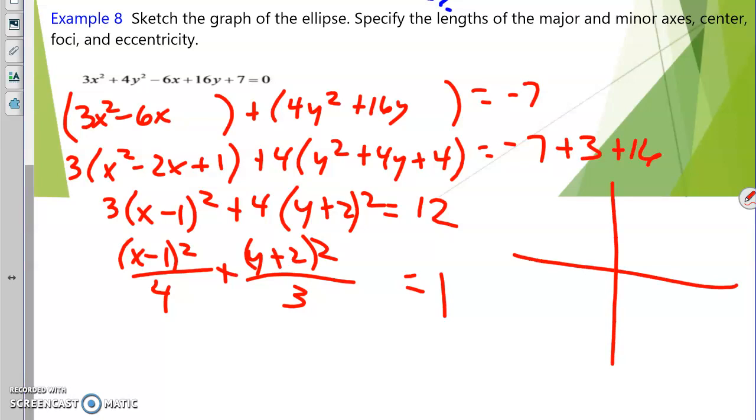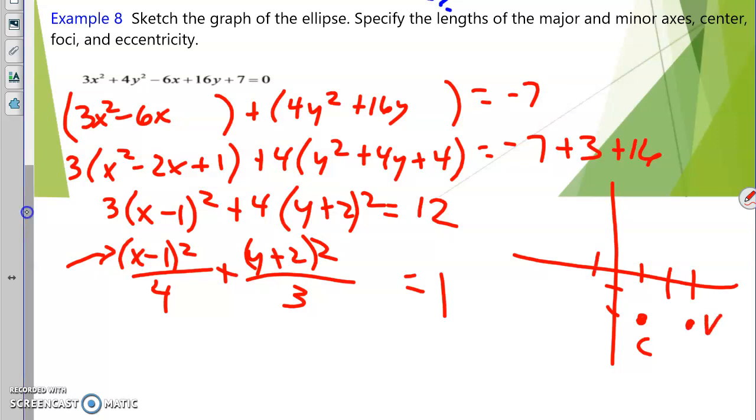We know that the center of it is at (1, -2), and we know that our major axis is going to be parallel to the x-axis, so I know that a is going to be distance 2 from that. So that's a vertex.